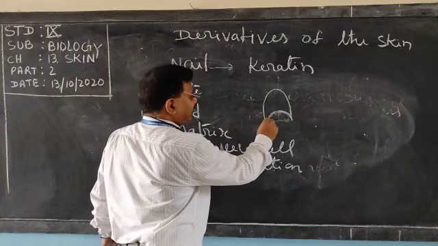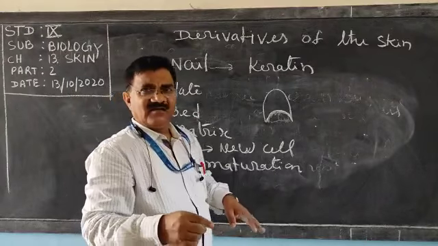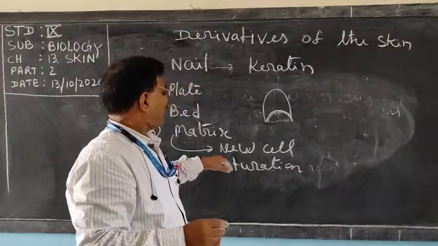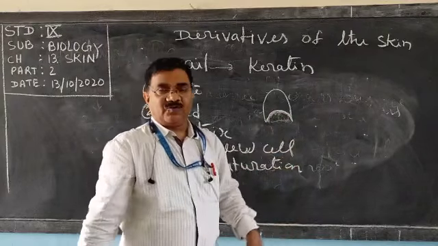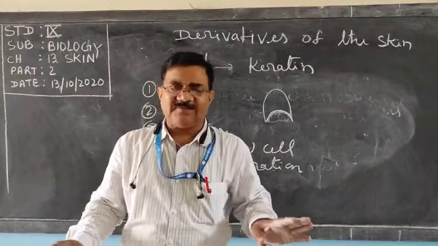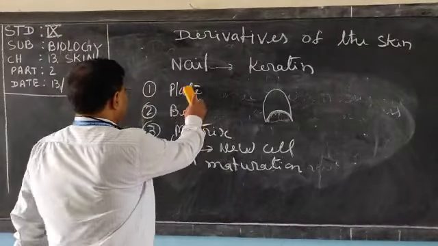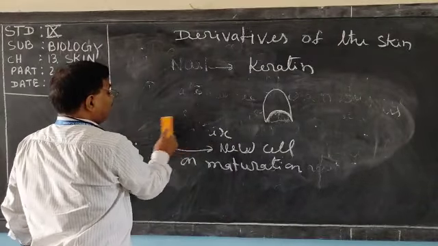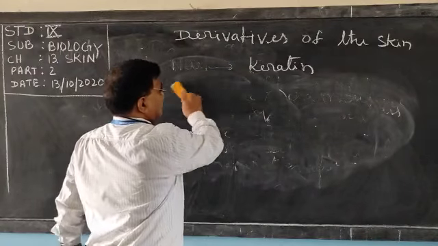This is the half whitish moon at the base of the plate, and new cells on maturation are produced by the matrix. So that part is clear. Nail we have understood. The third derivative of skin is the sebaceous gland.